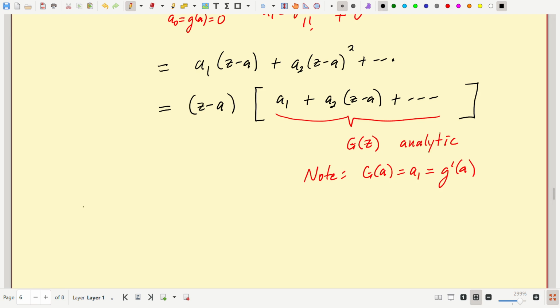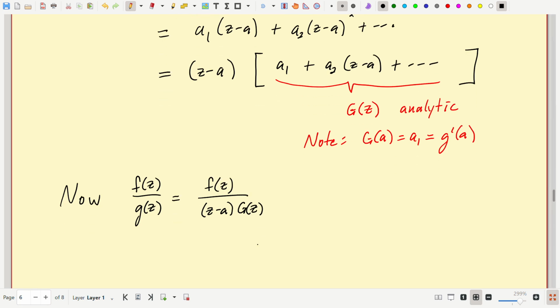Okay, so now my function, that was f of z over g of z, is equal to f of z over z minus a times capital G of z. And just like I did in my example there, when I factored out the z minus a, I can pull that out in front, and what's left is a nice analytic function that has a power series. Okay, and so I can expand that in a power series. Here's where I like to use capital letters.